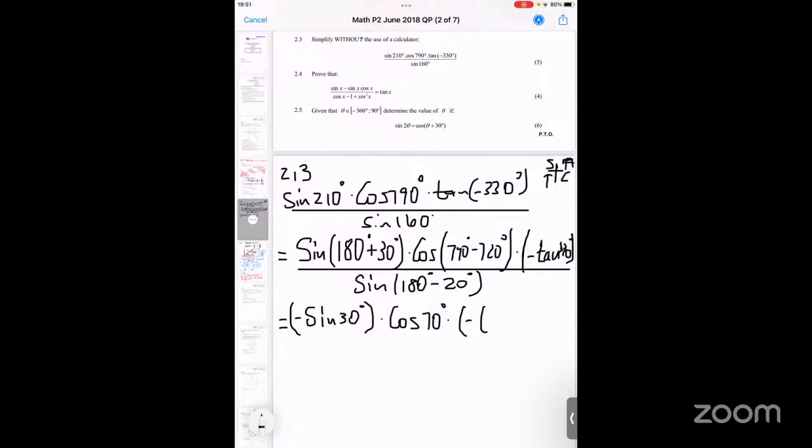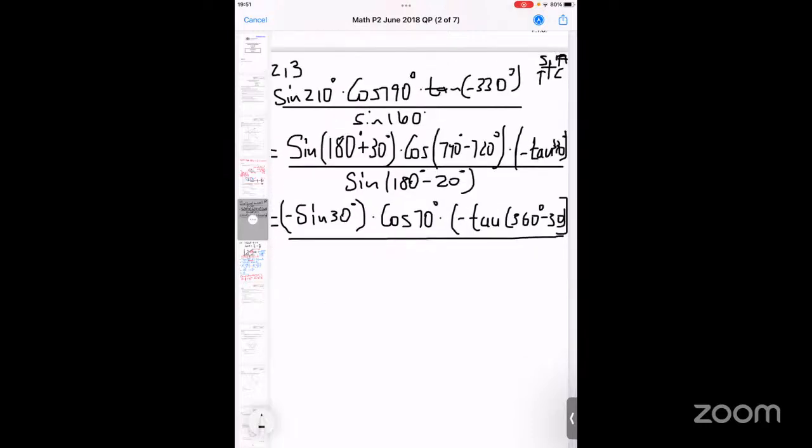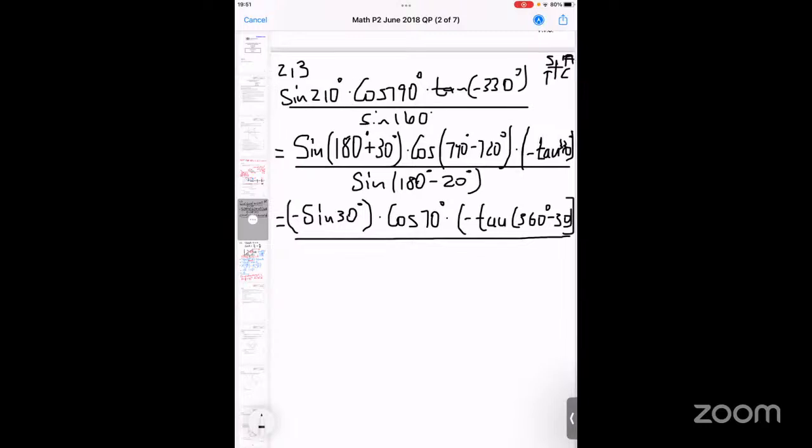So it's negative tan in brackets, 360 degrees minus 30. We can still work it out in the next step. The denominator will be sine 20, because it falls in the second quadrant and sine is positive. Then we bring negative sine 30 as it is.